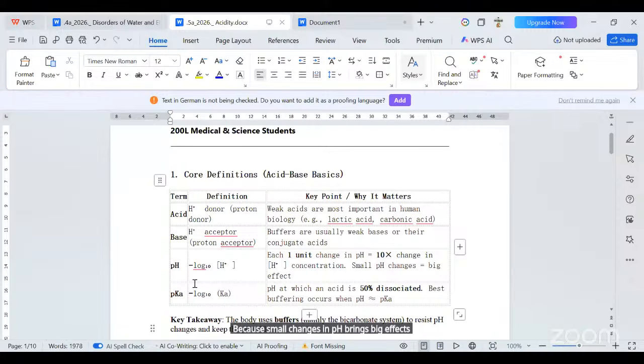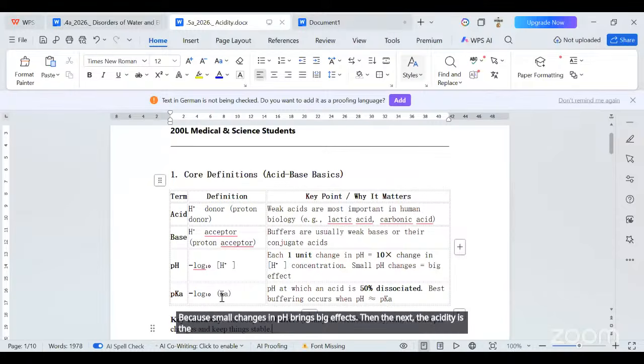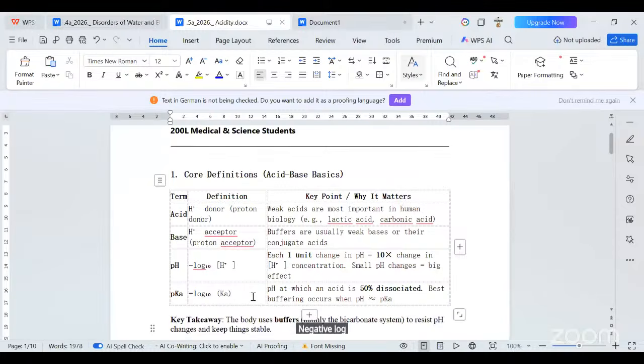Then the next, the acidity, is the pKa, the negative logarithm of the dissociation constant. K means dissociation constant. That is how easily water or a chemical substance breaks down.